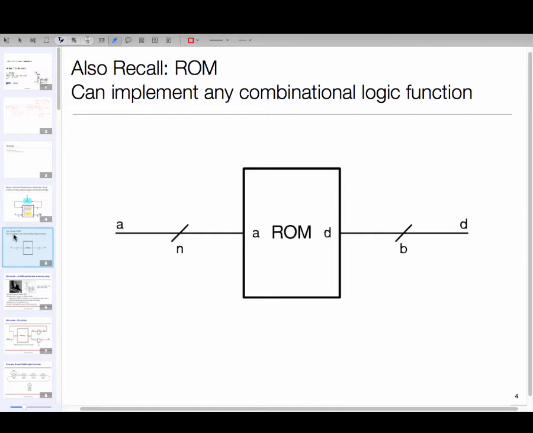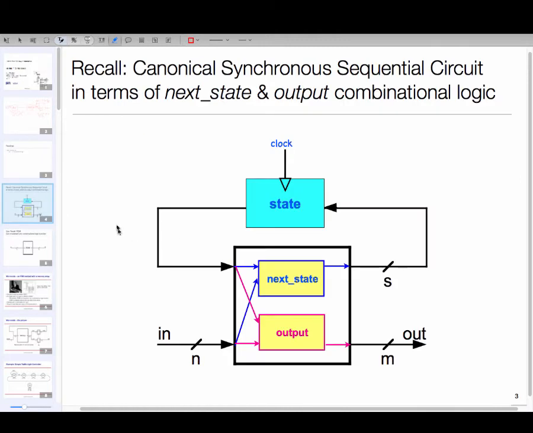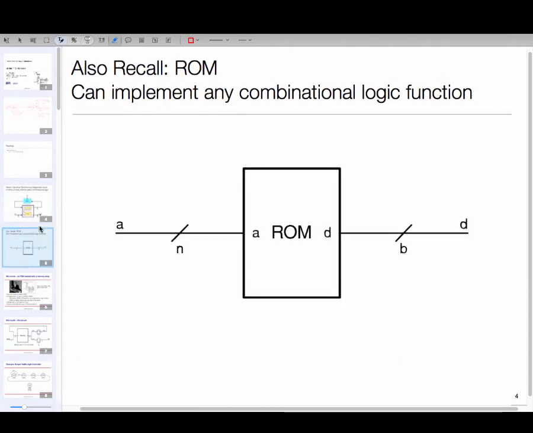Whenever I want to find the output, I feed in the input, it looks up that slot, and whatever is the constant content, it puts out on the output. So the ROM content looks like the truth table. We saw this earlier. So what are the ramifications of implementing the next state and output using the ROM?